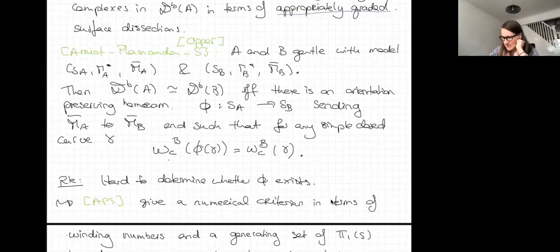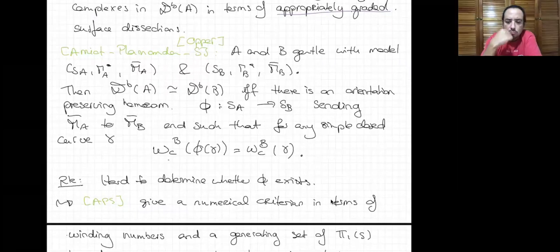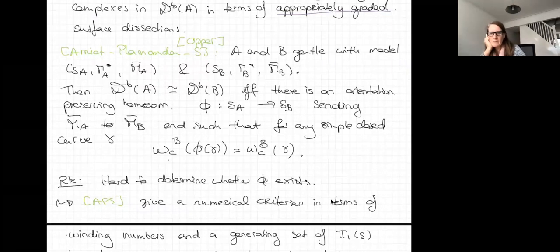One of the directions of the proof that Sebastian gives is very similar, and the other direction is quite different. In his paper, he does much more. He shows that the spherical objects that give rise to spherical twists correspond to Dehn twists around boundary components. It's a very nice paper and I highly recommend it. I apologize to Sebastian that I didn't mention it, and thank you, Sasha, for pointing it out.